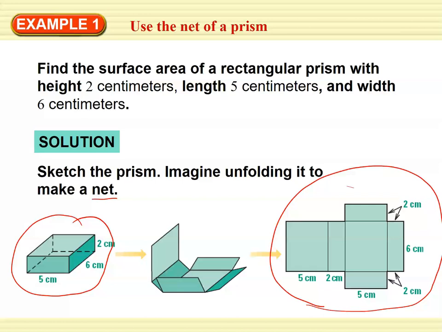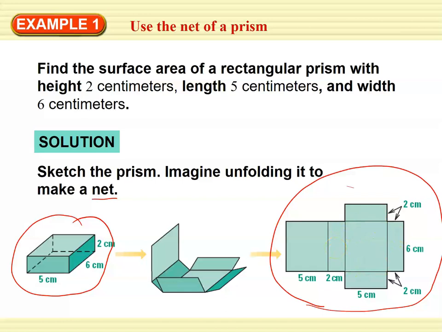And when you unfold a net, you can see really what shapes you're trying to find the area of. So in this particular prism, there's basically 6 rectangles that you have to find the area of.